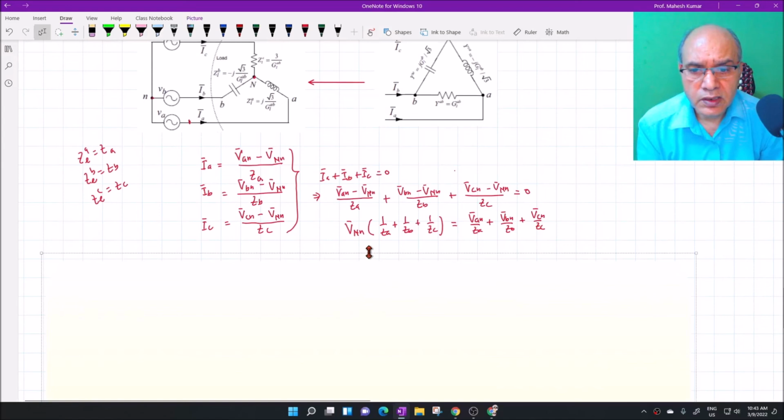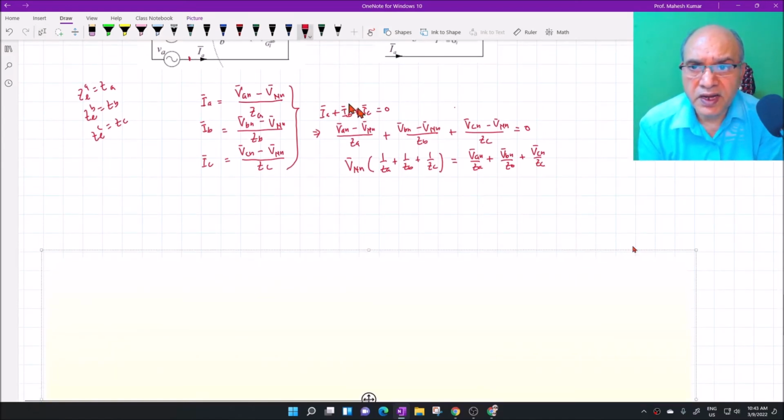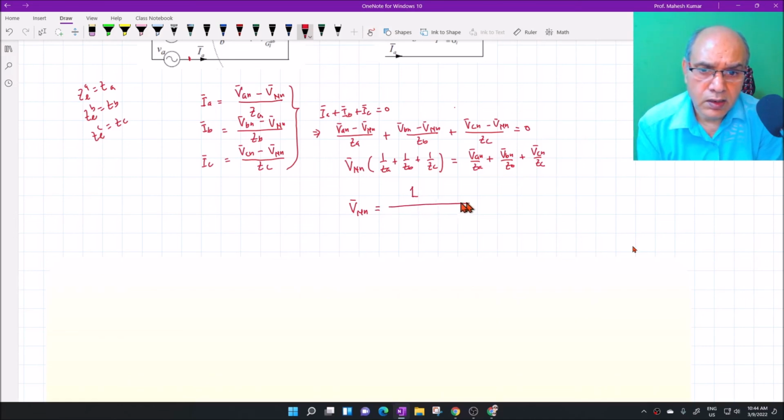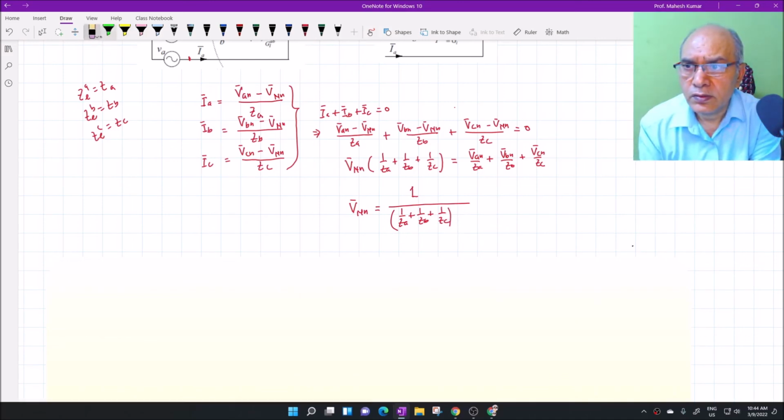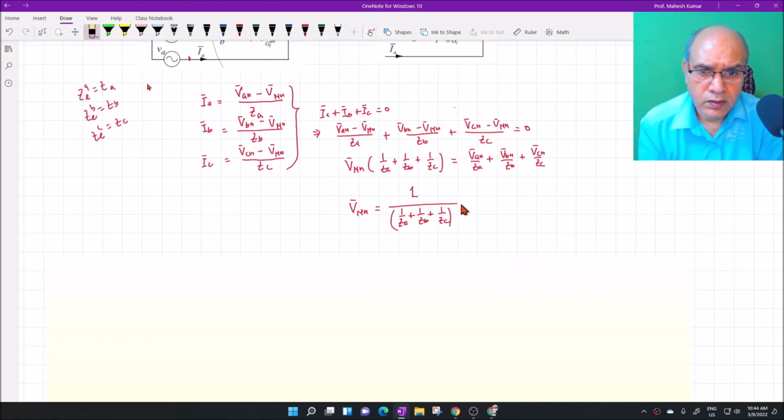Then we can write the expression for VNN. Therefore VNN will be 1 by (1 by ZA plus 1 by ZB plus 1 by ZC) into (VAN by ZA plus VBN by ZB plus VCN by ZC).